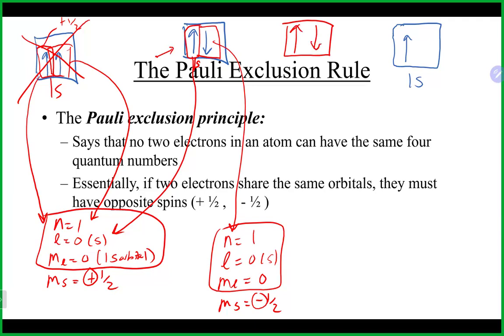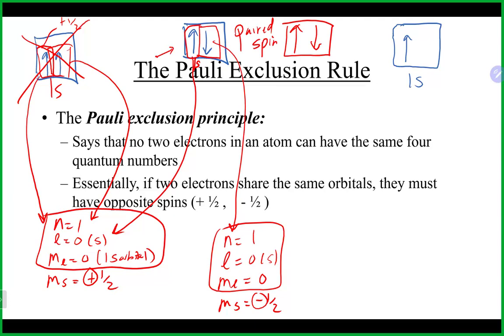The second one always goes down when it goes in the same orbital. This is what is sometimes referred to as paired spin. Basically, they cancel each other out. You've got a plus 1/2, minus 1/2 in terms of the spin. They'll kind of cancel each other out, and that's what's referred to as having paired spin when you have 2 electrons in the same orbital heading obviously in opposite directions.